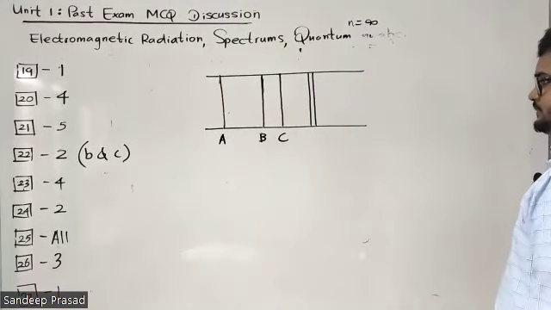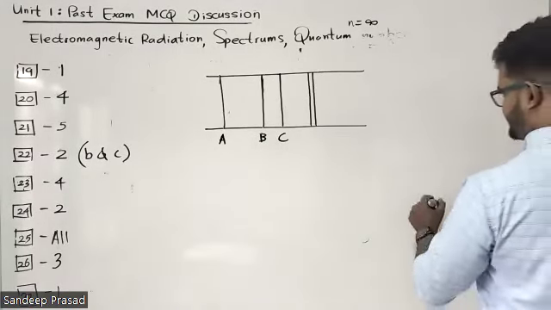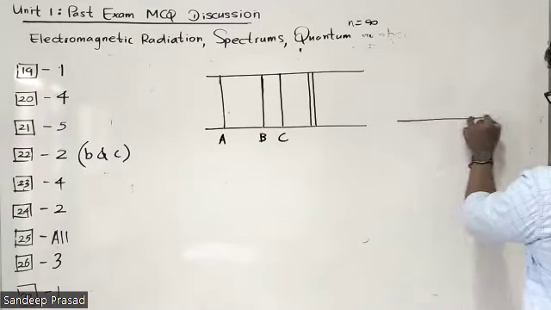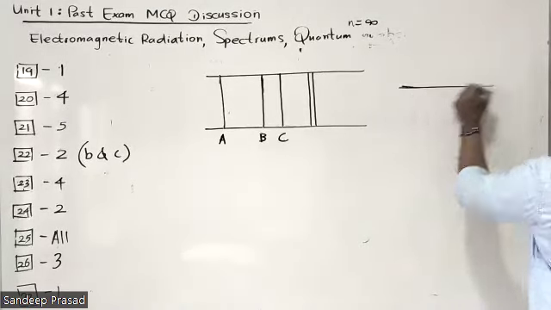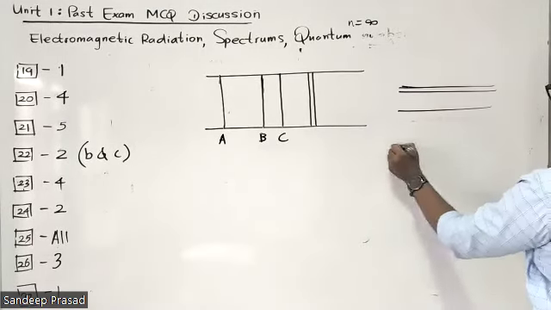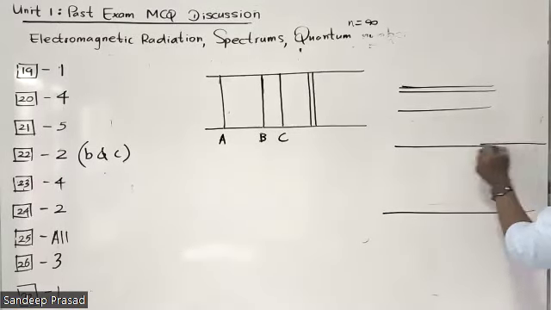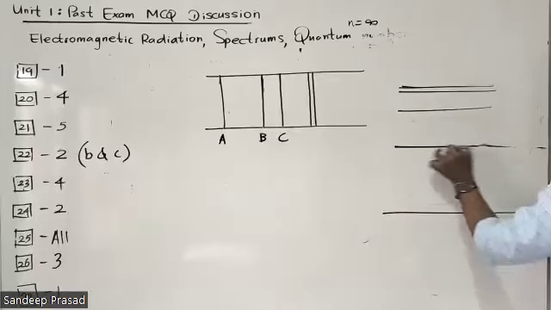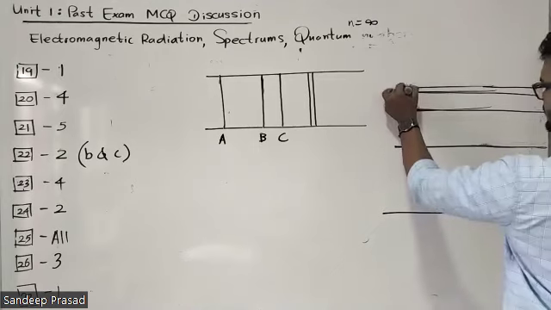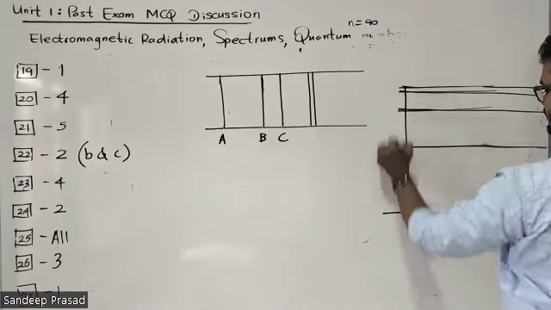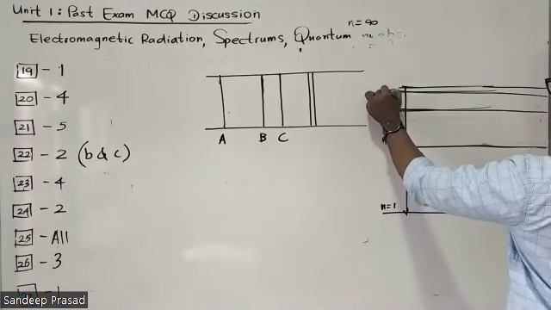So normally we know that when we draw the Balmer series for this direction, energy levels in this way, just imagine these are principal energy levels.